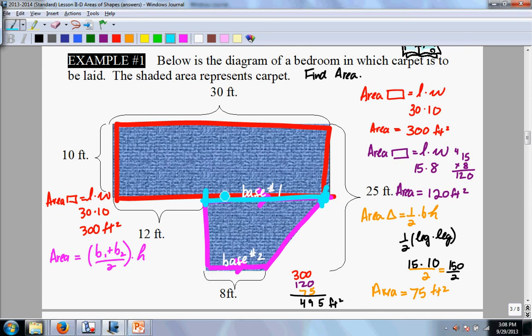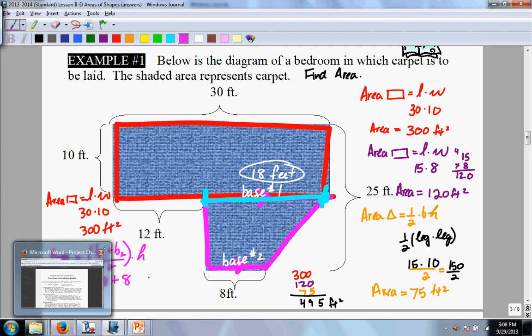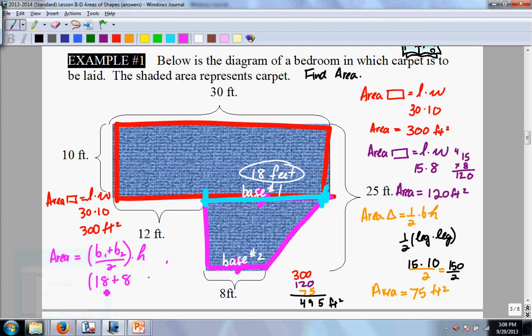And we see that's going to be 12 minus 30. So we can see our base 1 is 12 minus 30. That's going to be 18 feet. So I have 18 plus my other base, which I already have, is 8 over 2 times our height.